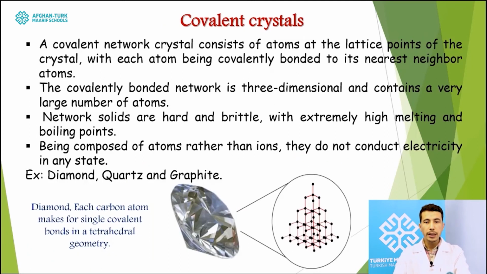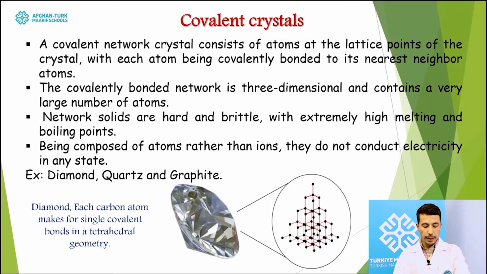Next, we are going to study the covalent crystal. What do you think when we say covalent crystal? You must know that when we call it covalent, there must be covalent bonding between the particles that form covalent crystals. So in the lattice points of these crystals, there must be covalently bonded atoms.